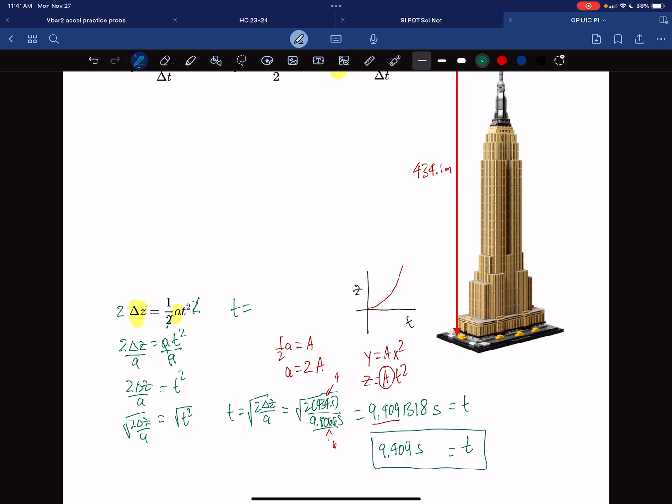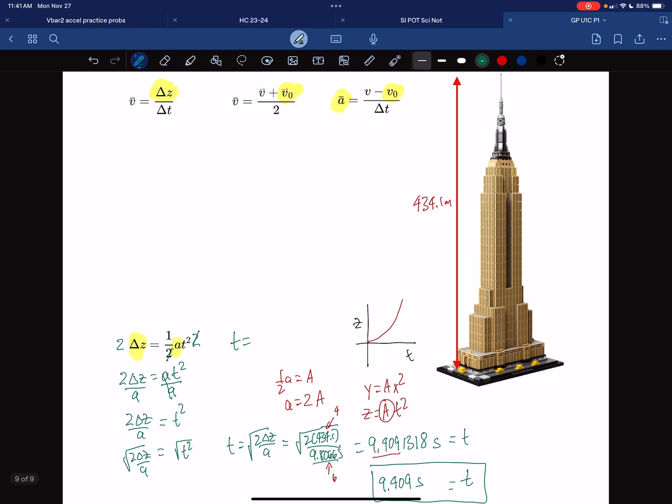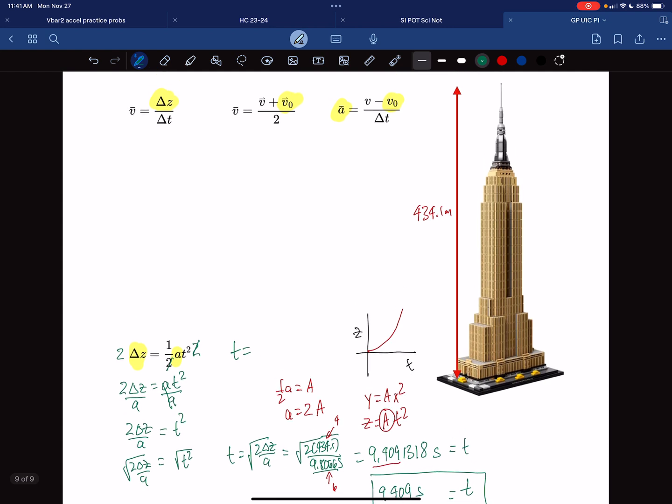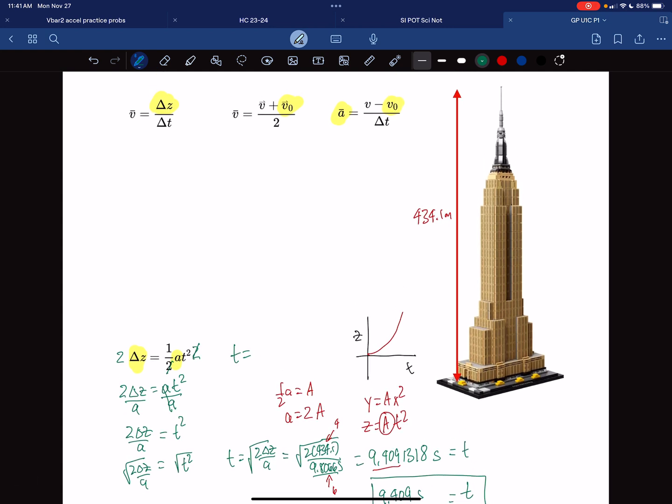So that's how long it takes to hit the ground, 9.409 seconds. Now we know that T, and that T is the delta t, starting at 0 and ending at 9.409 seconds. So we now know delta t.